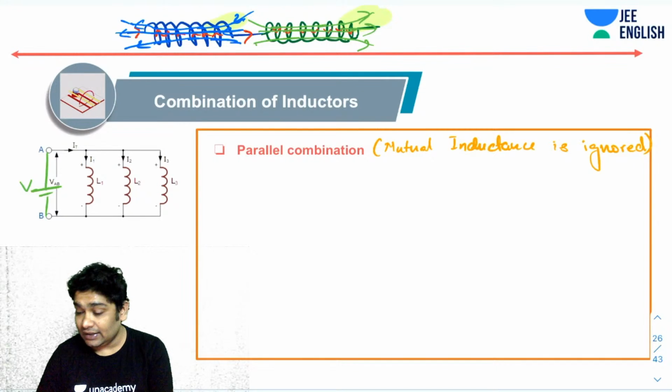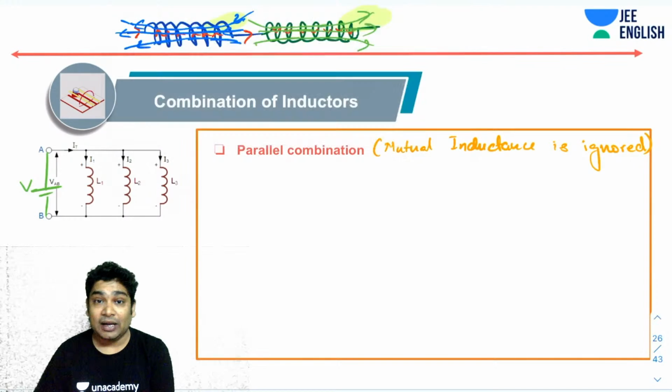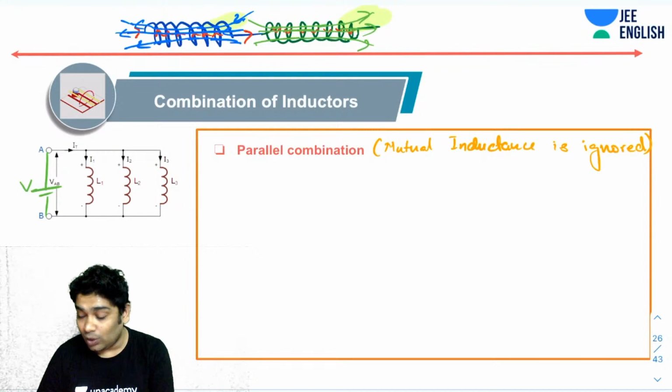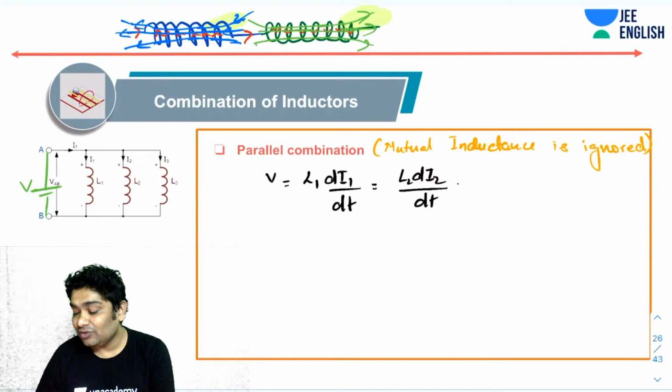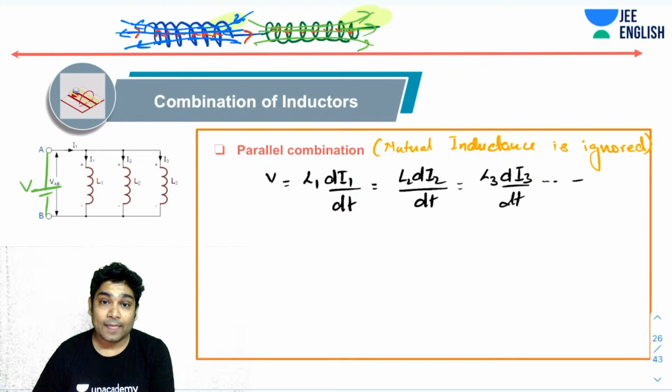So can I say now that if I apply KVL in one loop, then I'll get V equals L1 di1 by dt, which is equal to L2 di2 by dt, which will be equal to L3 di3 by dt, and so on. Correct?